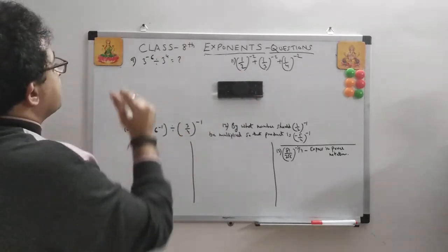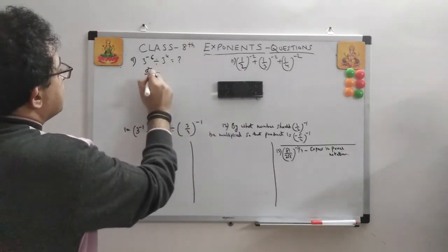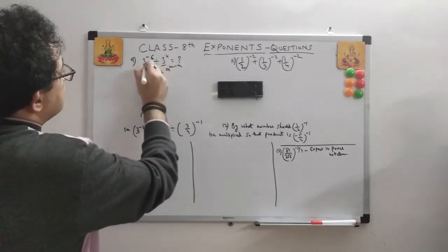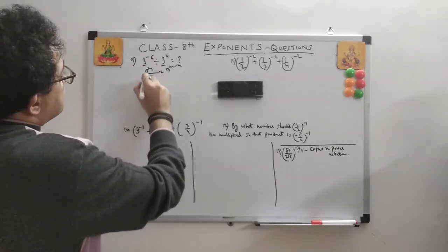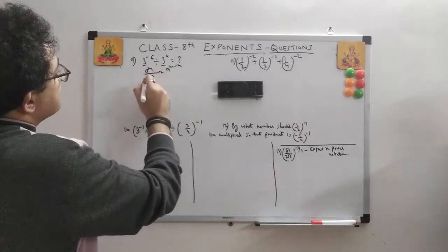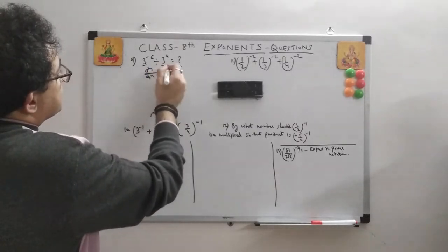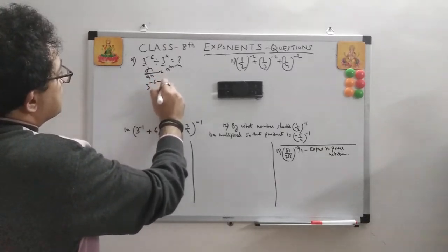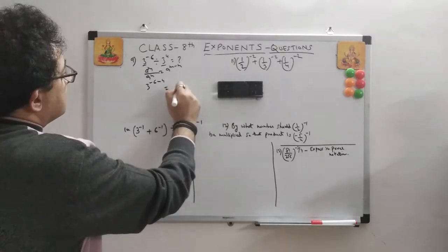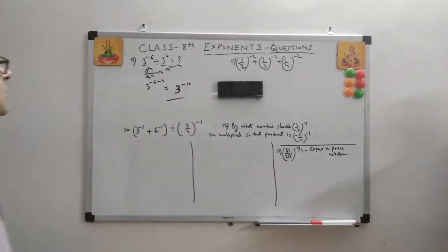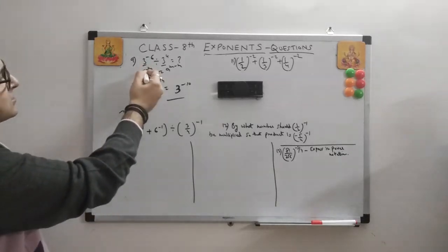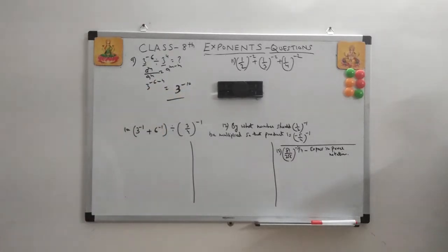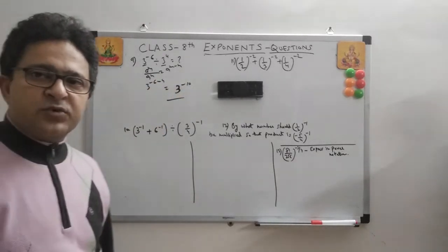Directly you can apply the formula a to the power m divided by a to the power n is equal to a to the power m minus n. This is the power, this is the base, same base. Whenever there is a division, you have to subtract: 3 to the power -6 minus 4. This becomes 3 to the power -10. This is the answer. Why do I need to put this as 3 by 1? It's not required. Directly put the formula. It's a direct law of the exponent, right?